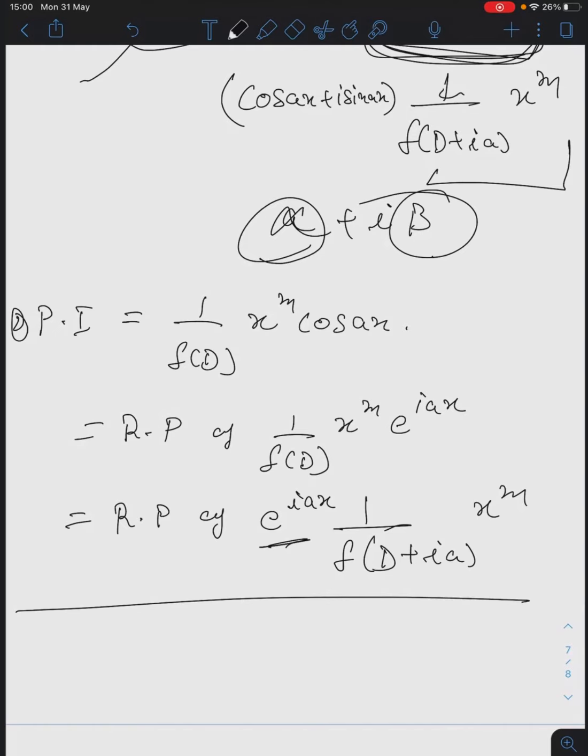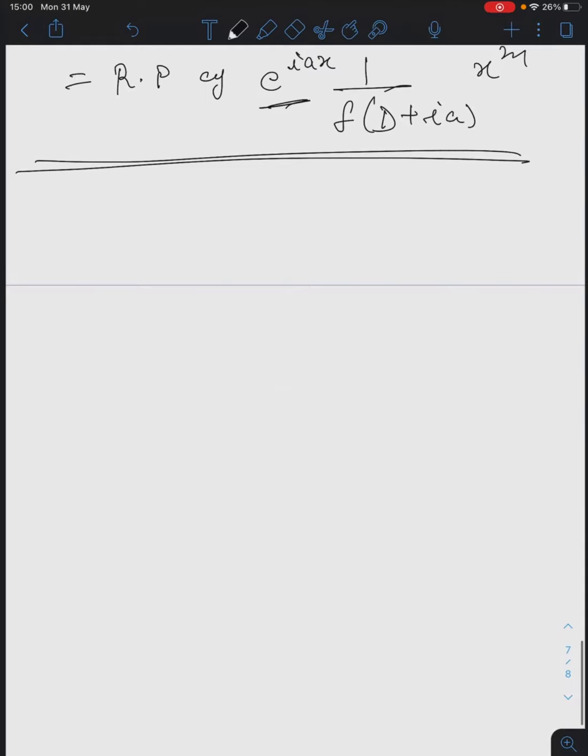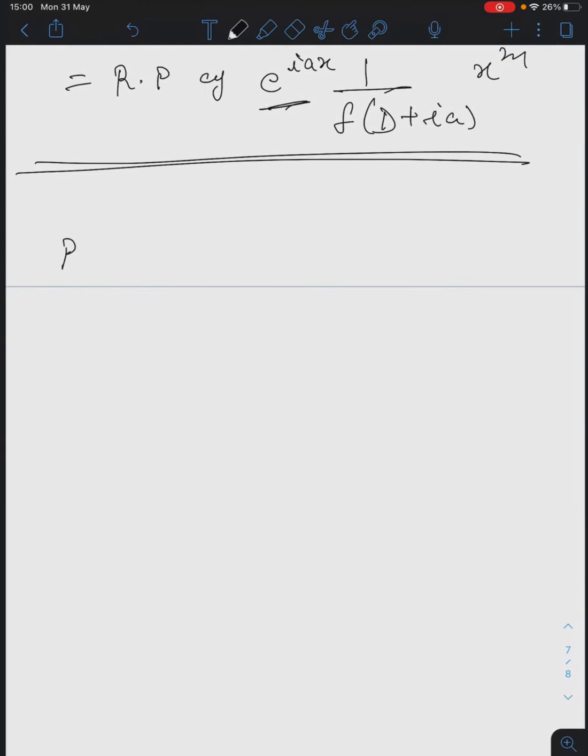You can apply for m equal to 1 these formulas itself, but this is another particular method or formula I will give. The particular integral when you have 1 by f of D multiplied with x into v, where v can be any function, but you have x to the power 1 here.